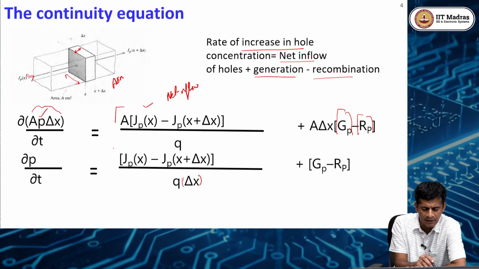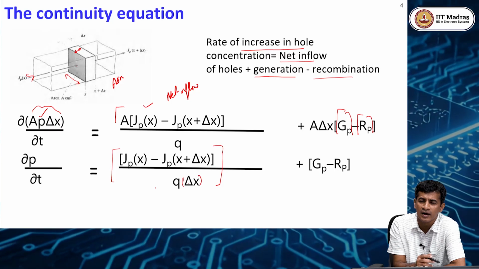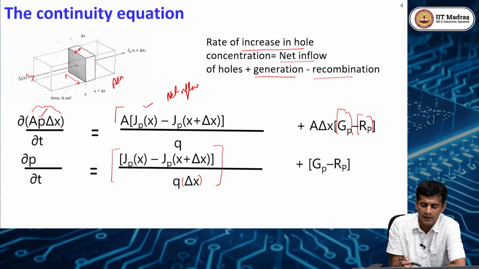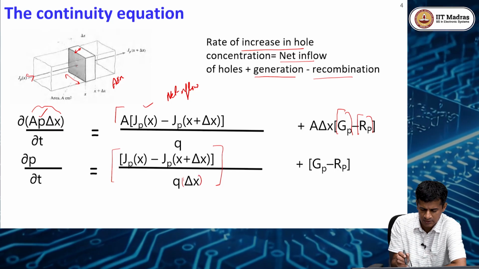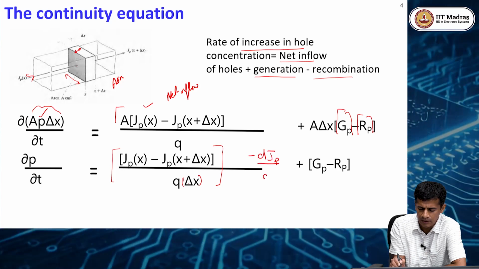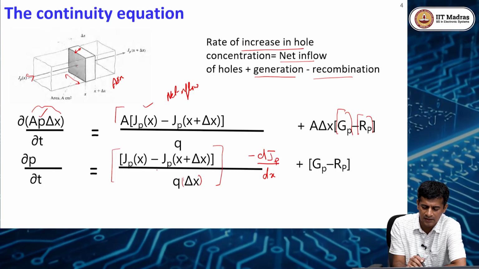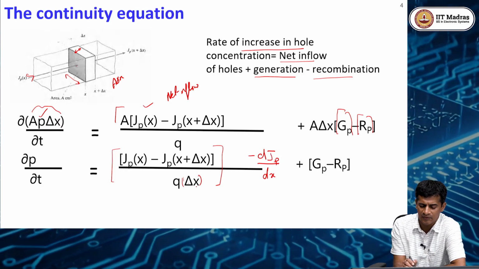If you look at this term, this is how you define the derivative operator. If you recall, this derivative operator is nothing but d Jp by dx. This is the one-dimensional case, when you have only x.